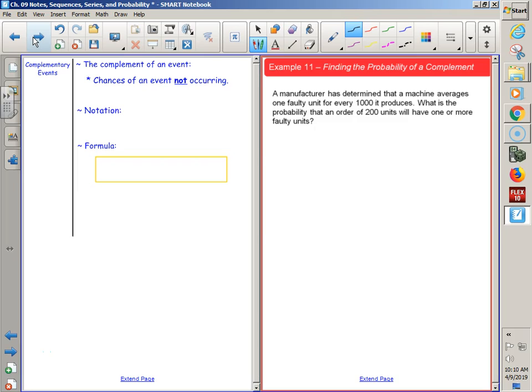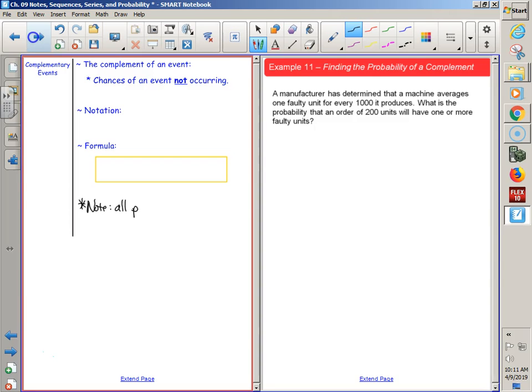Chances of an event not occurring. And that sounds a little rough, but it's built on the idea of all probabilities of a situation, all possible outcomes. There's a quick little note I'm going to add at the bottom. All possible outcomes or all possible probabilities must add up to, or sum to be, 100%.